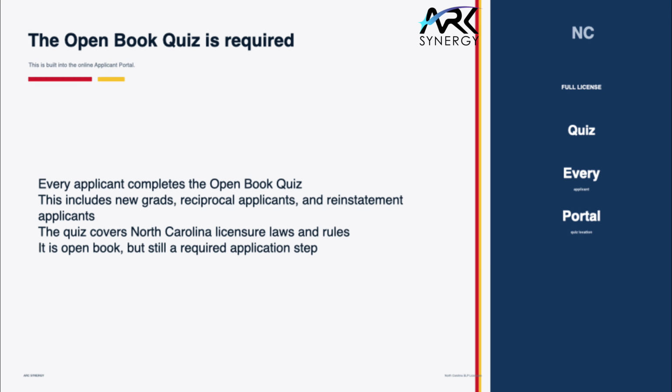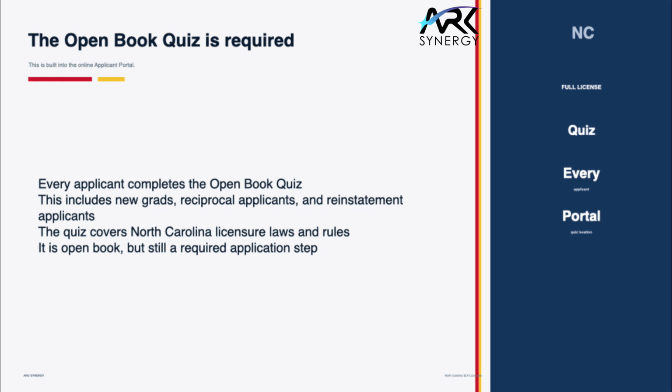This quiz is built into the online application portal. It is an open book quiz, so it's not a high stakes thing you have to worry about, but it is a required step that adds time to your application process. So just keep that in mind as you're going through the application steps.